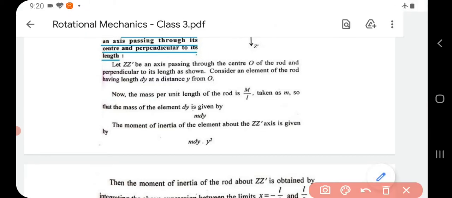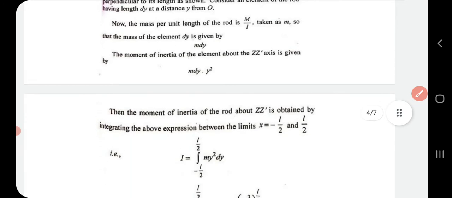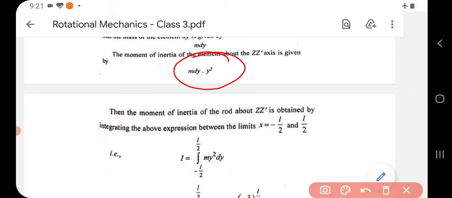Mass into distance squared, right? So this is the mass you already have, and the distance squared is y squared, because the small element dy is at a distance y from the center O. So this is the moment of inertia of the small element.